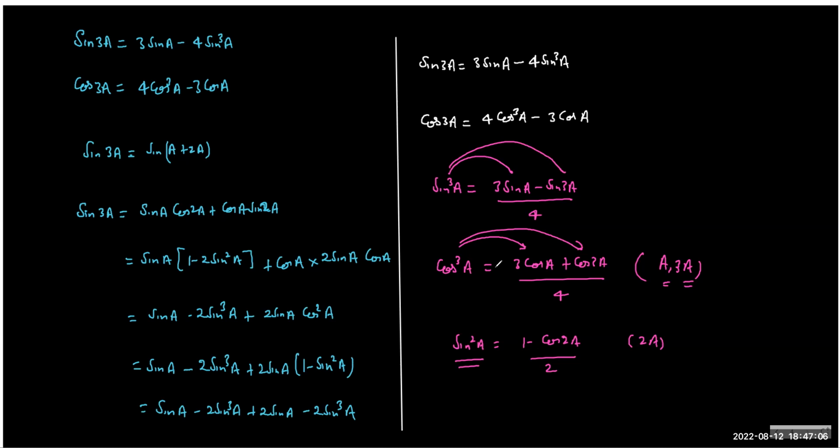So any high order trigonometric ratio, and I'm particularly talking about sine and cosine, any high order sine or cosine function is nothing but a combination of first order trigonometric functions. You can see this high order cosine function is a combination of the first order function of A and the first order function of 3A. So the 3A and A later on, in some context, we are going to call frequency terms. You will of course learn about all those things as time comes. Don't worry.